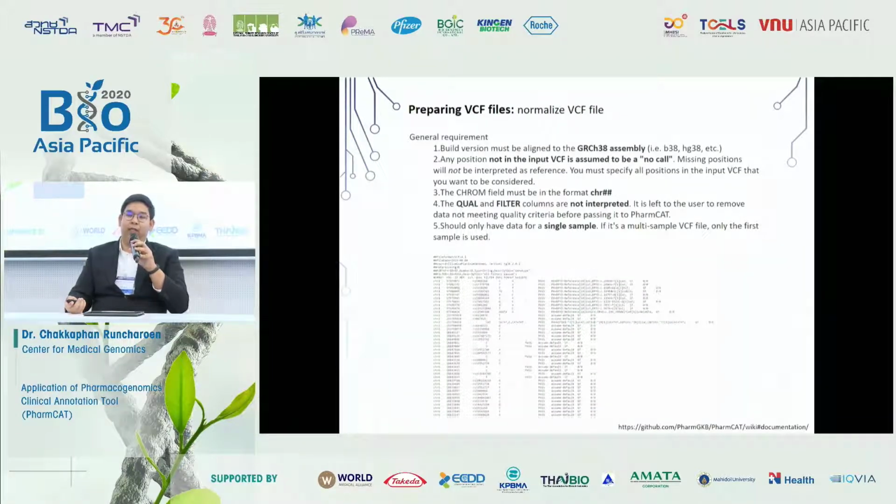Before we run PharmCAT, there are three general requirements that need to be considered first. The build version must be aligned, as I mentioned, with HG38. And any position that is not included in the VCF is assumed to be no call.